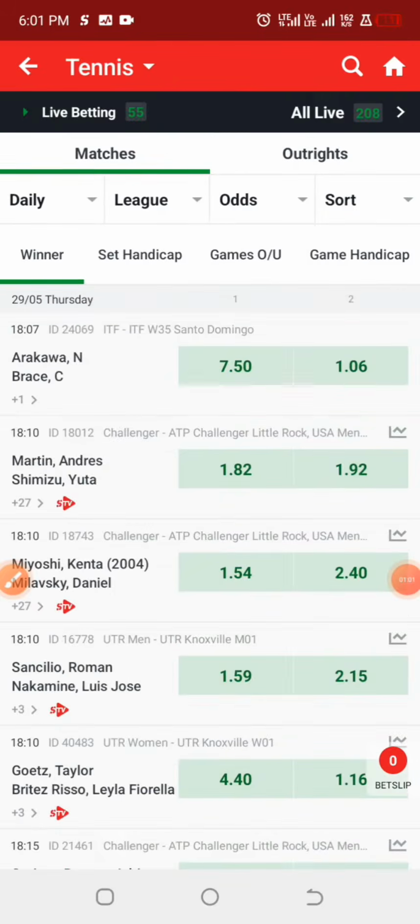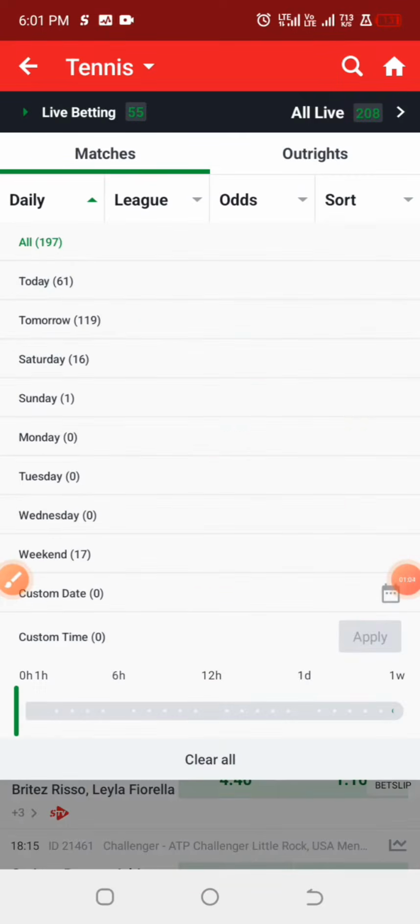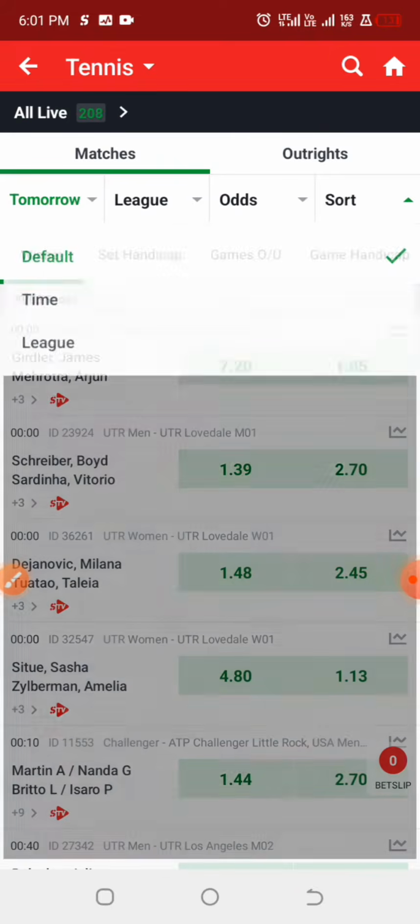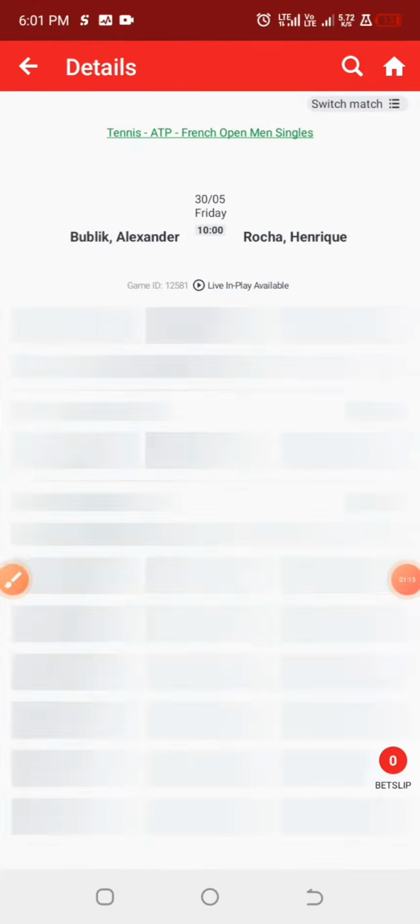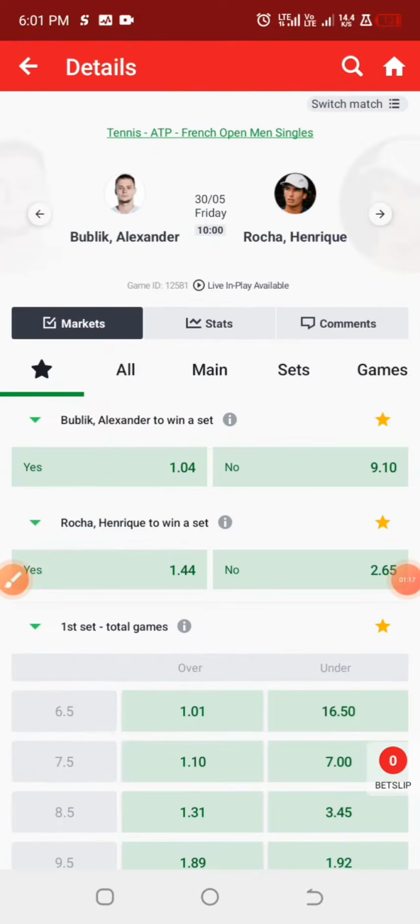Let us look at what we have today. We are focusing more on the major tennis leagues, because with those the bookmakers will provide a wide range of markets for us.